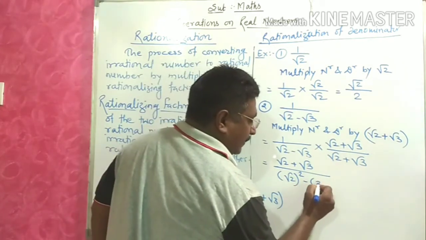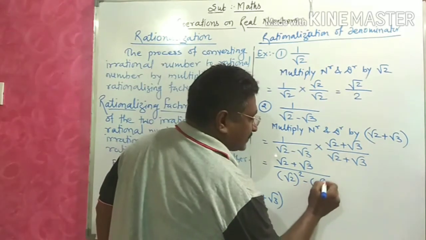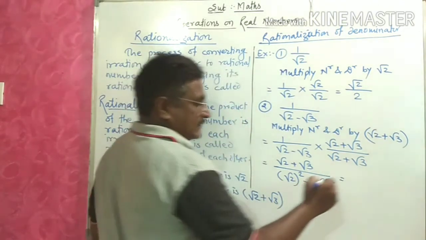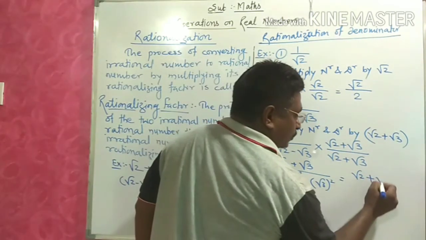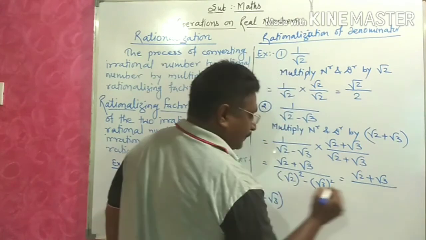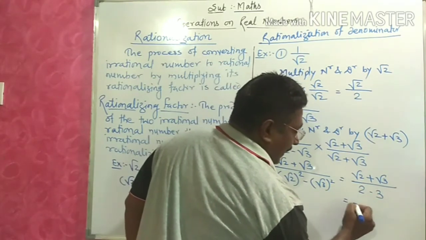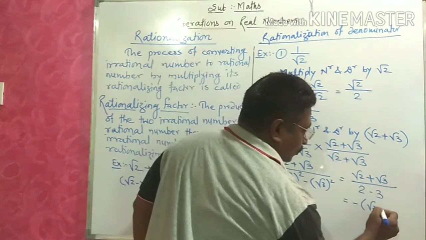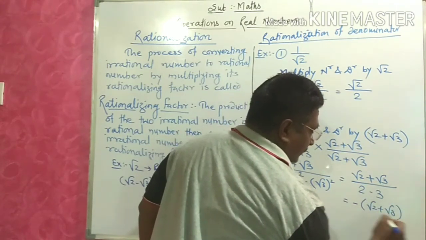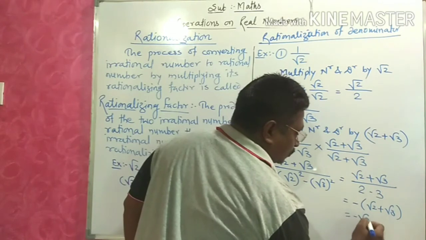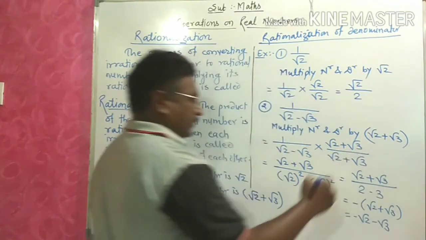So root 2 square minus root 3 square, so we get root 2 plus root 3 by 2 minus 3, which means minus 1. Root 2 plus root 3 over minus 1 equals minus root 2 minus root 3.